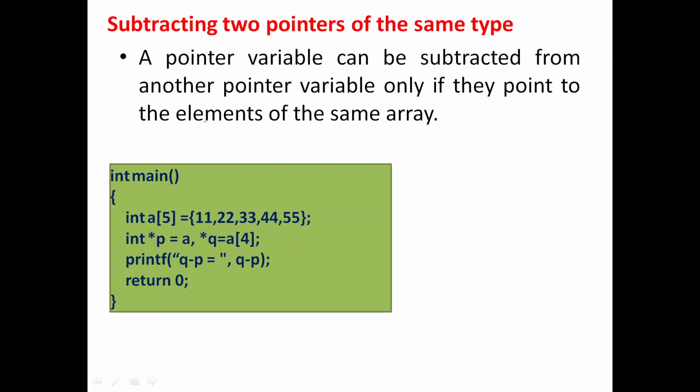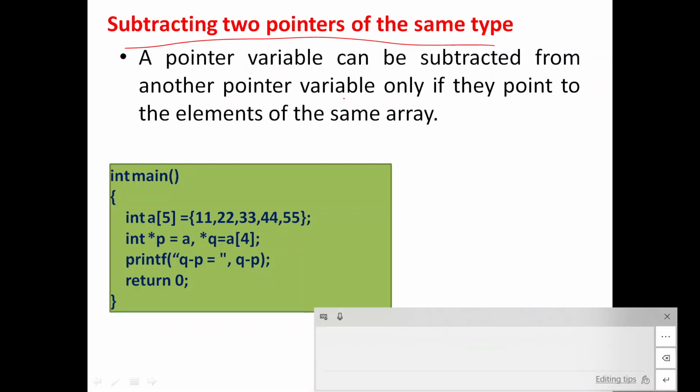The next one is subtraction of two pointers of the same type. If the pointers are of the same type, we can perform subtraction. Here you can see that p and q are two pointers that point to the same data item, the array A. If we perform q minus p, for example, if p points to the starting location 1000, we first draw the array.